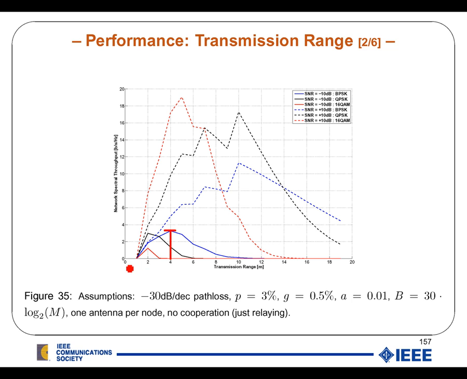What does it mean? That means in that particular scenario of low SNR and no cooperation, with all these parameters, it is useful that the whole network uses BPSK modulation and that we choose very short hops to transmit of 4 meters equivalently. So we would have 5 hops to reach my destination, which is at 20 meters.